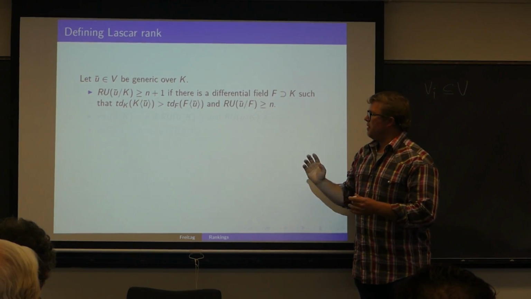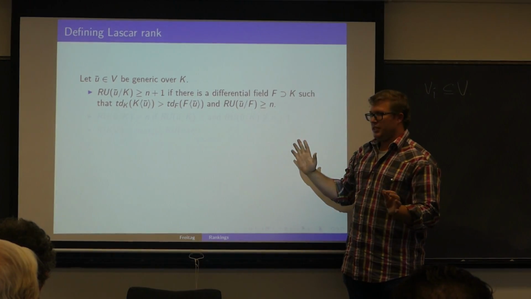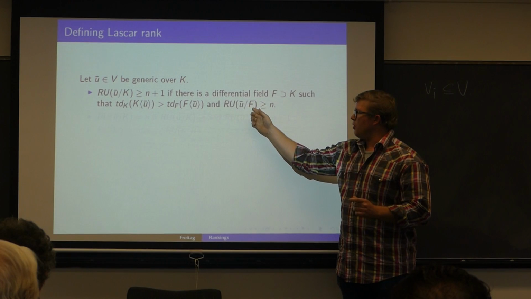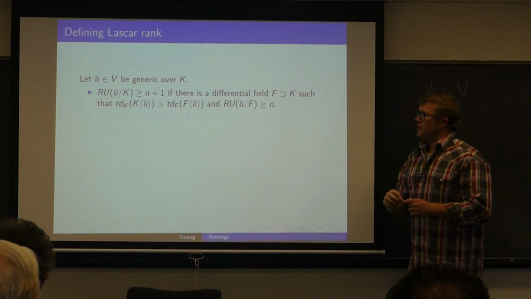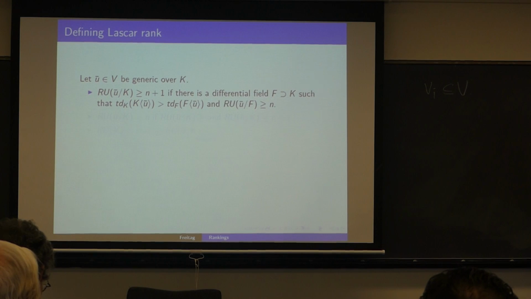And it should be, if you're defining what bigger than n plus 1 is, it's an inductive definition that the U rank of u bar over F is bigger than n. So it depends on the field, and in this formulation on the field and the point u bar. Okay?